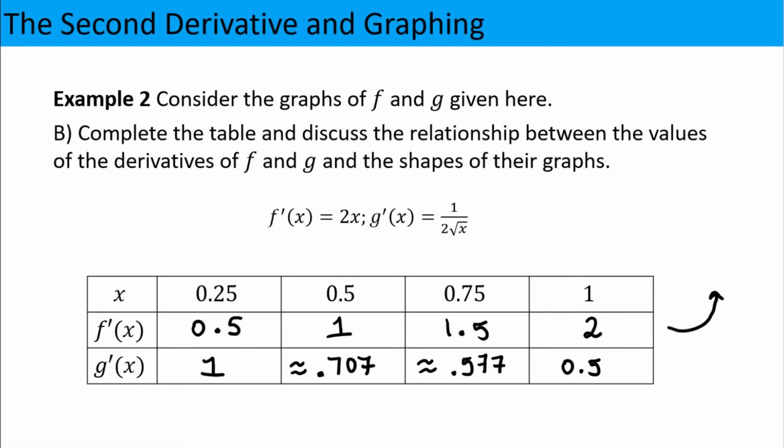Notice that while the derivative is positive, the values are decreasing. For the function g of x, the derivative values of g prime of x are decreasing, and the graph is concave down. In summary, if the derivative values are increasing, the shape of the function is concave up. If the derivative values are decreasing, the shape of the graph is concave down.